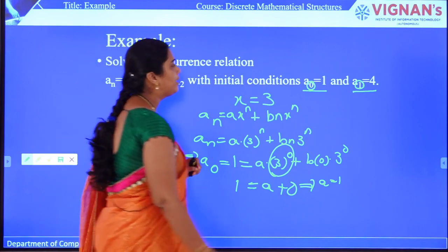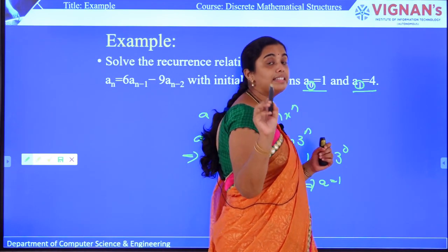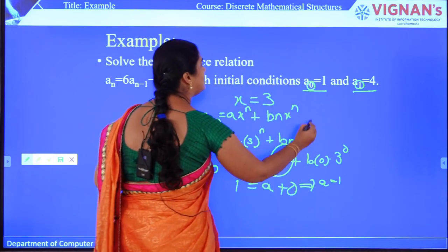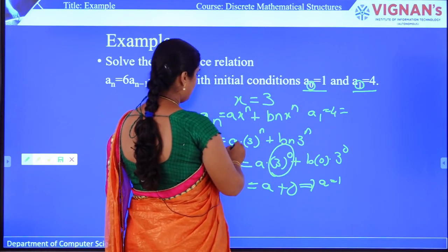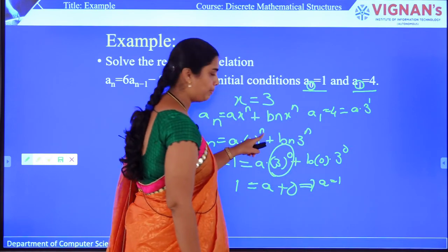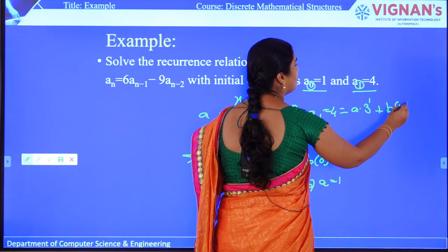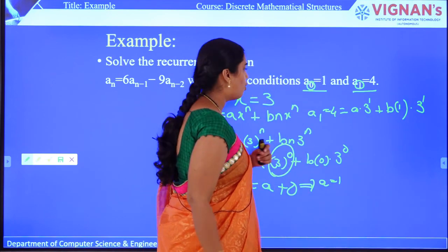And the other equation is a1 is equal to 4. So the value of n over here is 1. So this equation will be converted as a1 is equal to 4 is equal to a into 3 to the power of 1, because n equal to 1, plus b into 1 into 3 to the power of 1, okay.